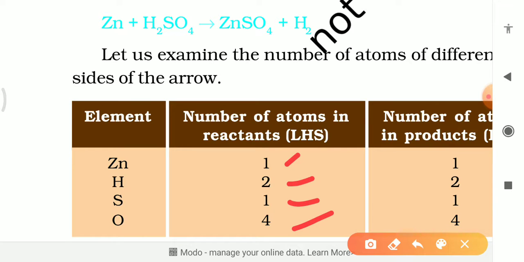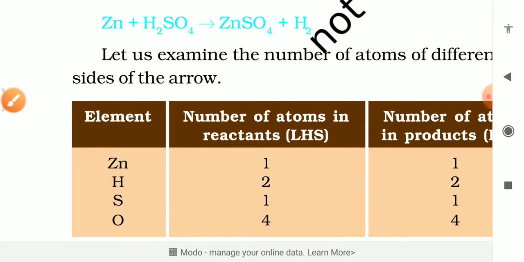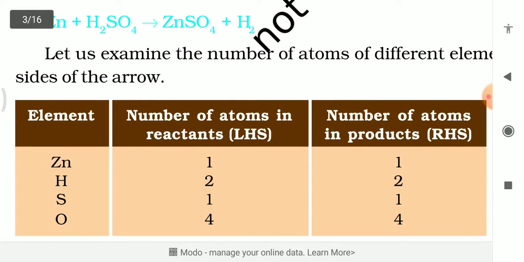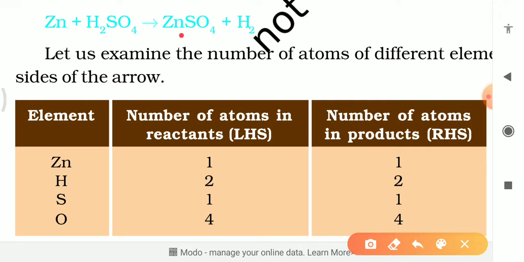Now calculate the number of atoms on the right hand side. See here, zinc is 1, hydrogen is 2, sulfur is 1 and oxygen is O4.